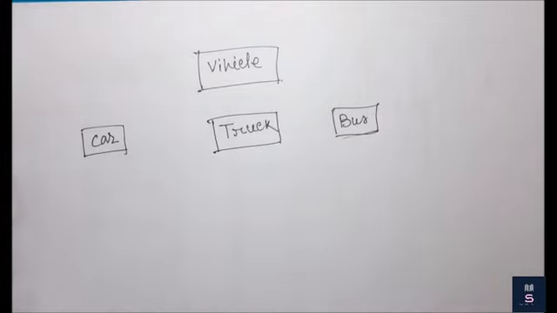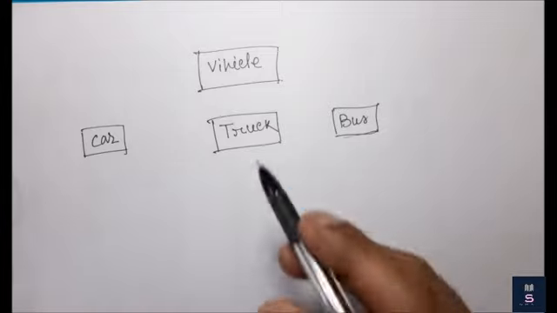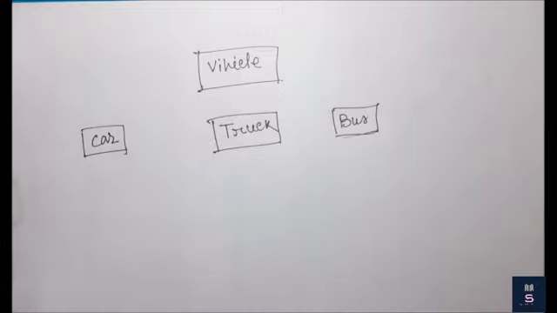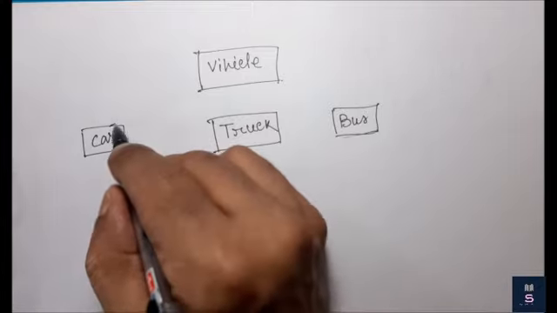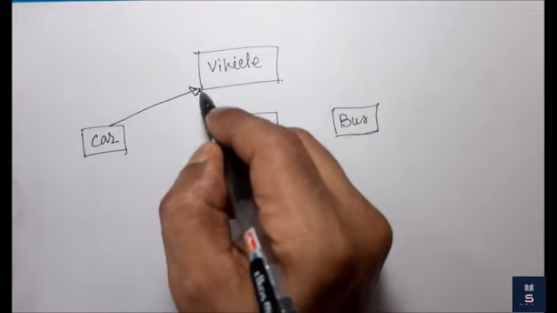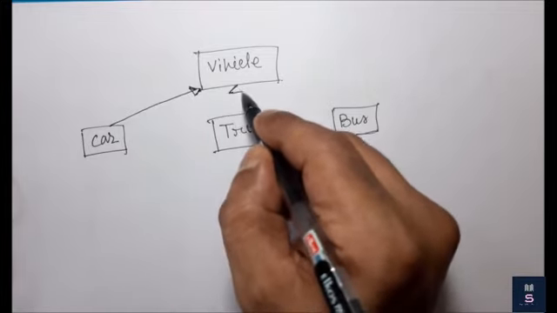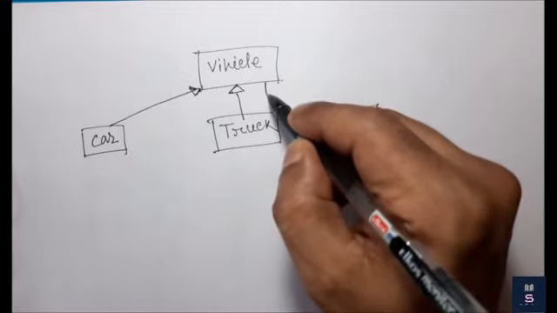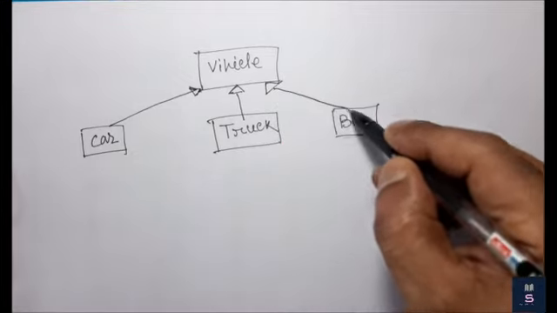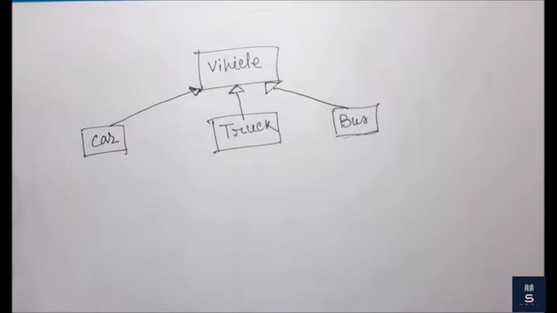Generalization is the reverse of specialization. In this example, vehicle is a generalization of car, truck and bus, so we will link like this.